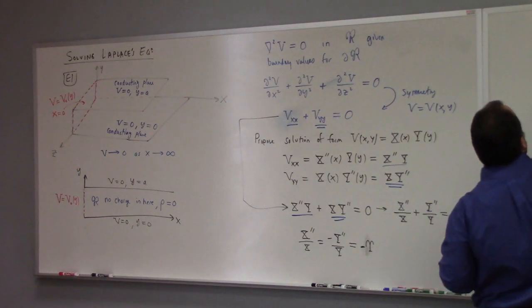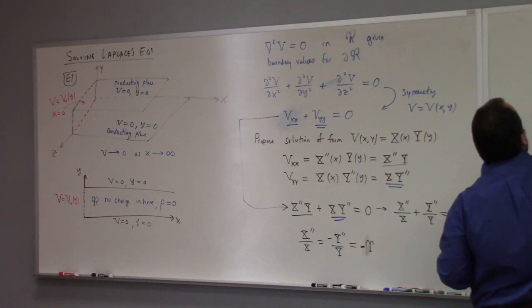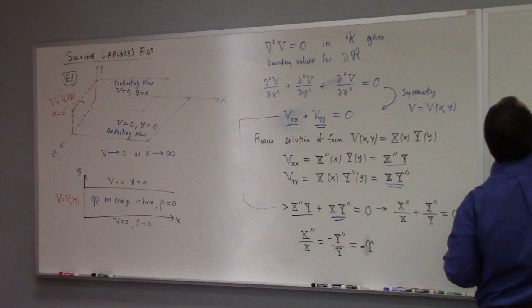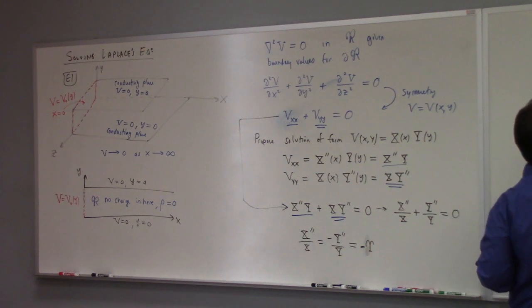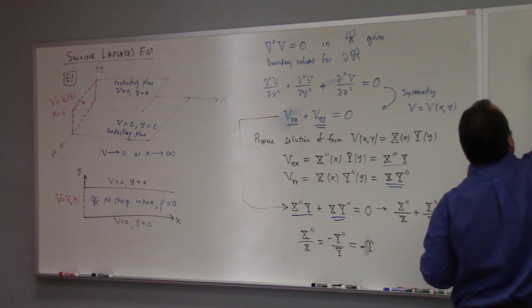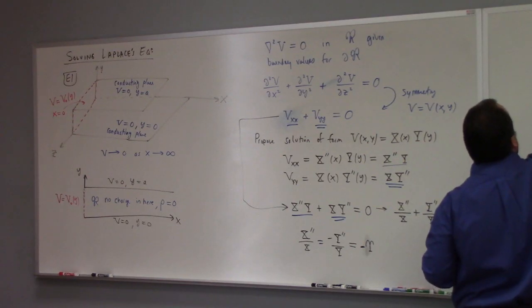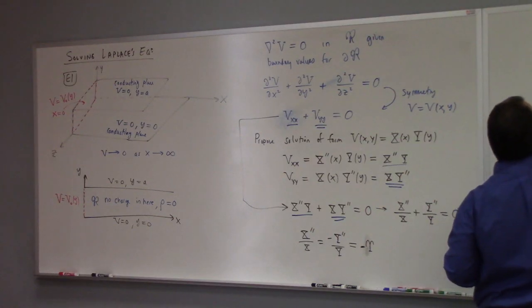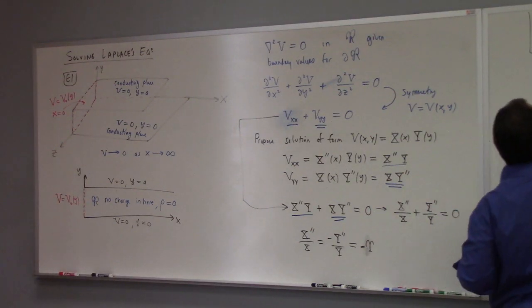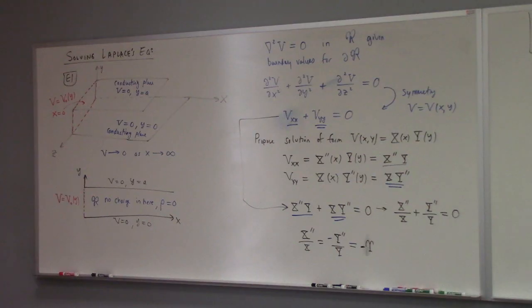So X prime prime plus upsilon X equals 0. And we're also trying to solve Y prime prime minus upsilon times big Y equals 0. See, the separation of variables problem has led us to this pair of ordinary differential equations for big X and for big Y, you see.